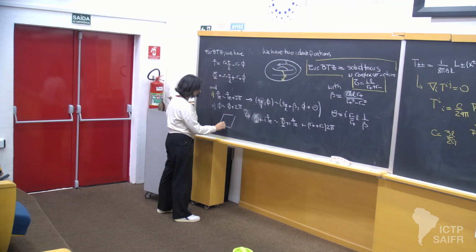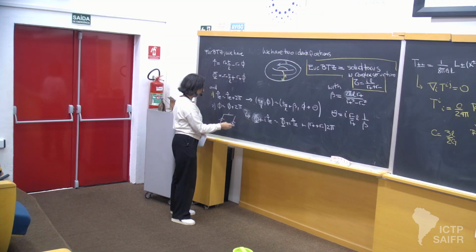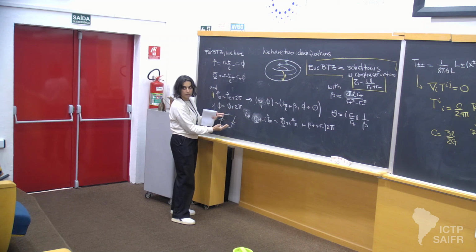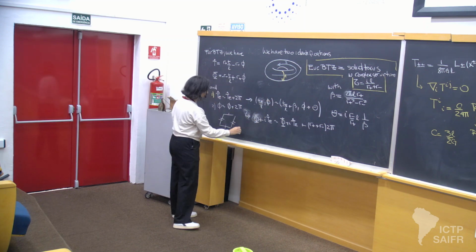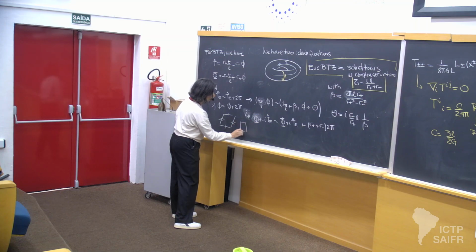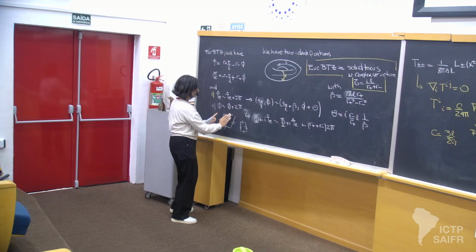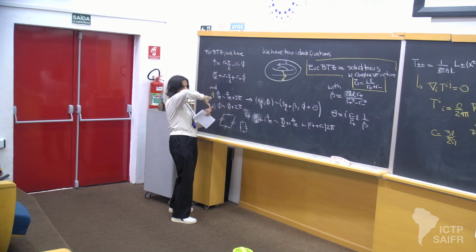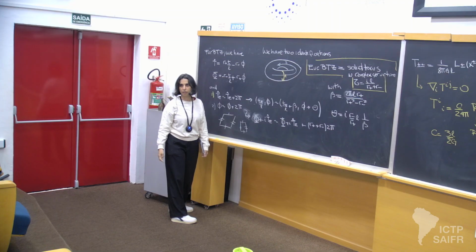A torus is basically a square where you make these two identifications. And the complex structure is basically how tilted this is. If tau is purely imaginary, then you just have a square. But if tau is complex, then you're sort of gluing with a twist. And that's what the complex structure accounts for.